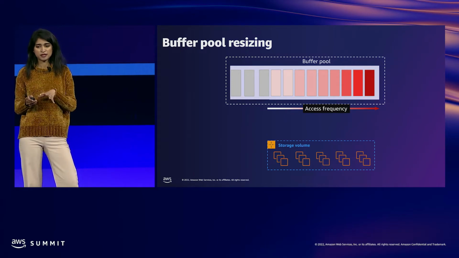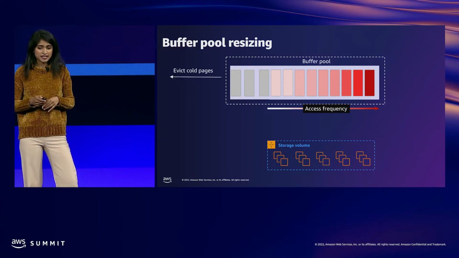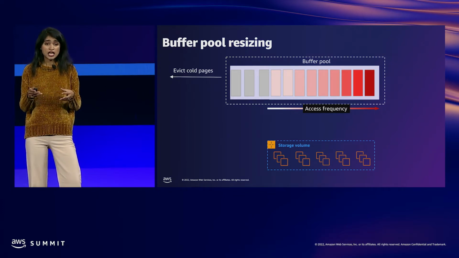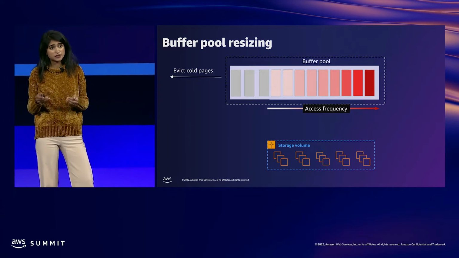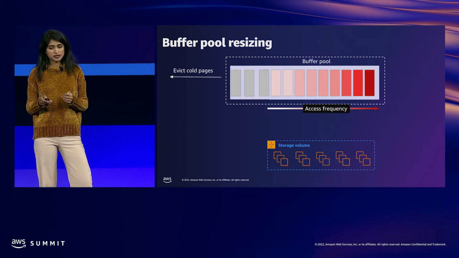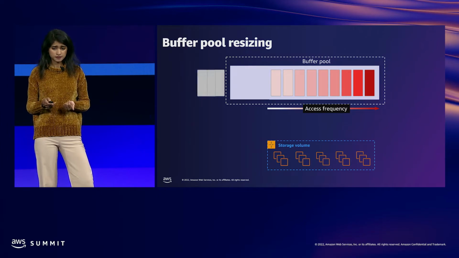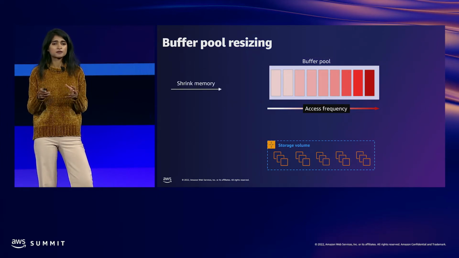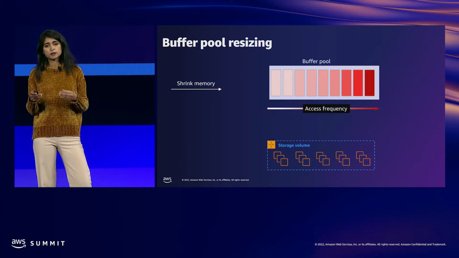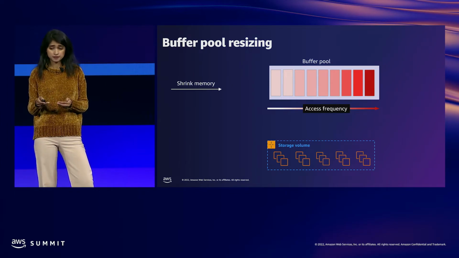In this image, the gray ones are the cold ones, and they're more likely to be evicted once we figure out that the pressure on your internal structures has decreased and we can reduce the buffer pool size. So we evict the cold pages, and then we shrink memory back. The size of this buffer pool is going to match the database capacity.